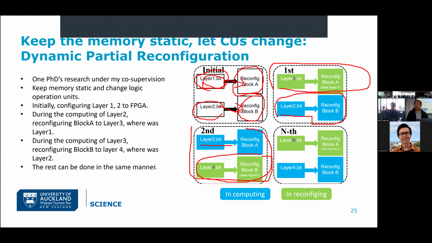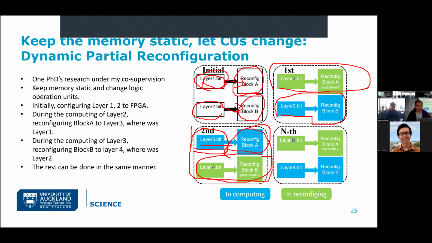In the best scenario, when we are aiming to run layer 3 after finishing the layer 2 work, the layer 3 units have already been placed in this area to do the operation.